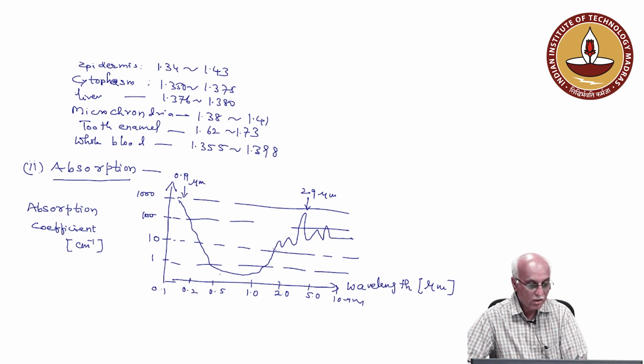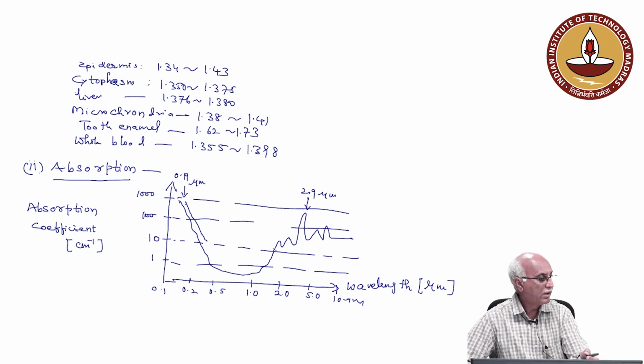This range, where we will see minimum absorption by water molecules, is between the visible range and the near infrared range. If we consider protein absorption, which is quite significant in the near infrared range and slightly before, in the visible range.